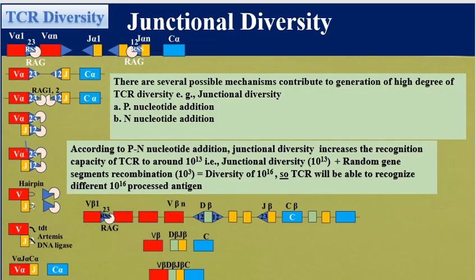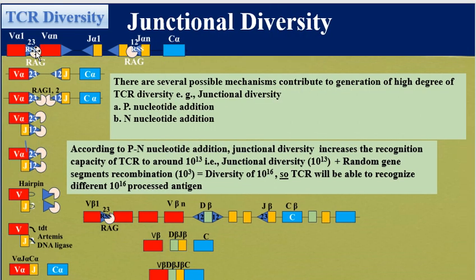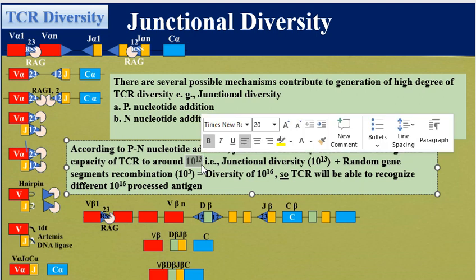So let us now go back to the junctional diversity and why it is very important. According to P and N nucleotide addition, junctional diversity increases the recognition capacity of TCR to around 10 to the power 13.